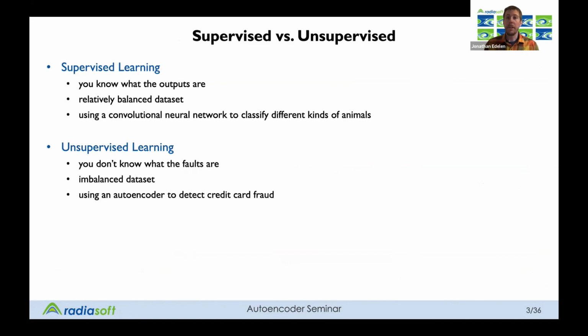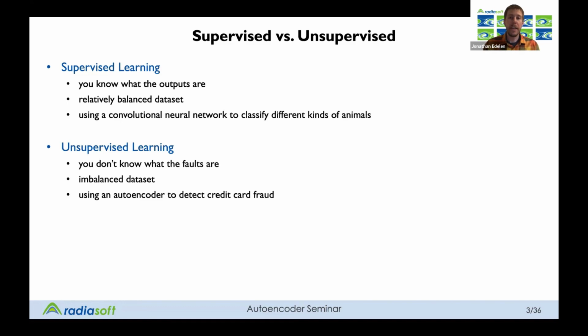So in the case of anomaly detection, you have a labeled data set of a bunch of faults, and you can train a neural network to correlate machine settings to fault conditions and do predictive fault detection that way. Or, for a broader example, convolutional neural nets to classify different kinds of animals. You have a large labeled data set, and you're just trying to develop a tool to tell you the relationship between input and output data.